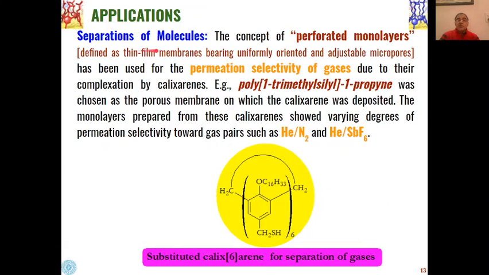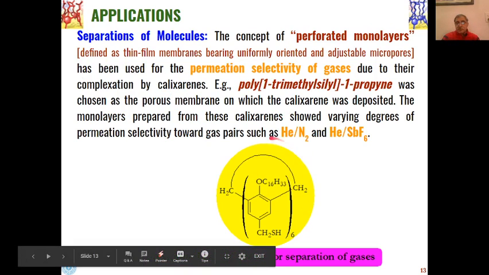Then some molecules can also be separated by these calixarenes. For this, the concept of perforated monolayers has been used for the permeation selectivity of gases, which bind through complexation with the calixarenes.